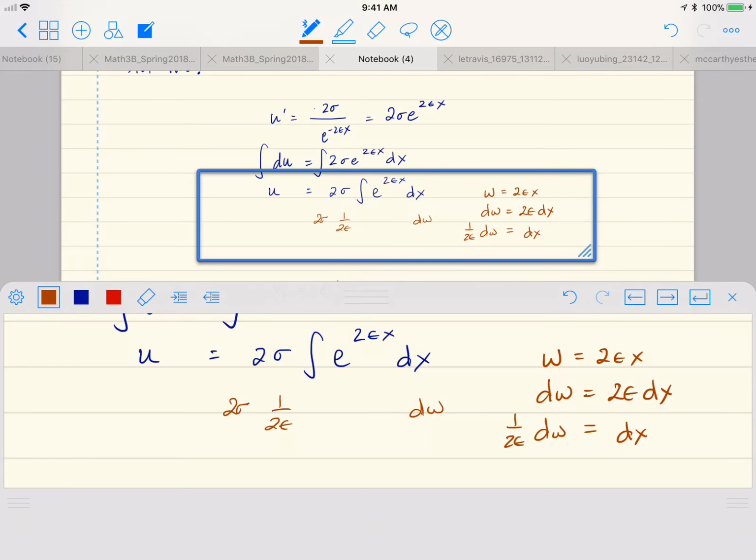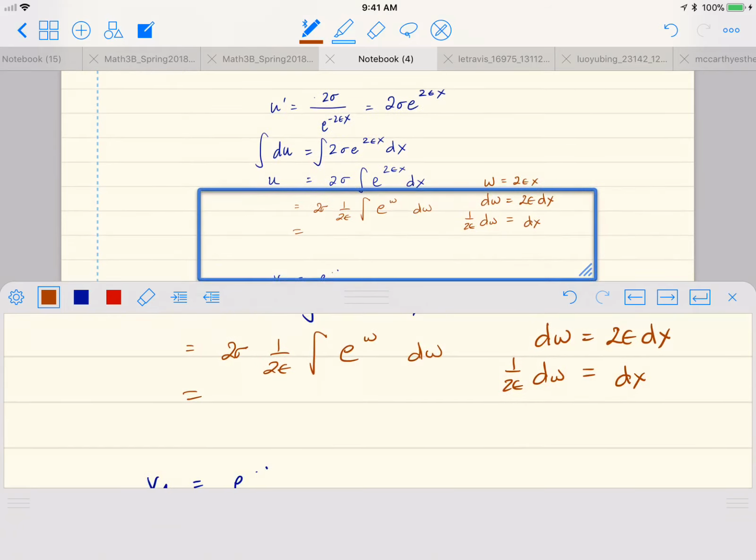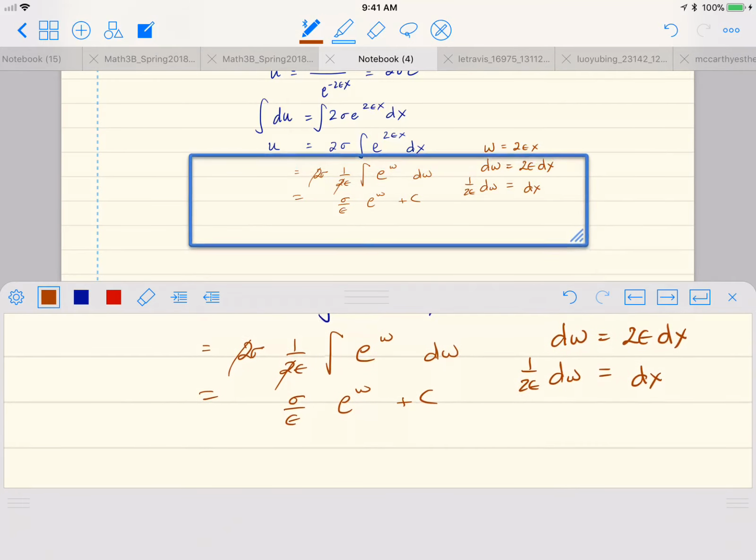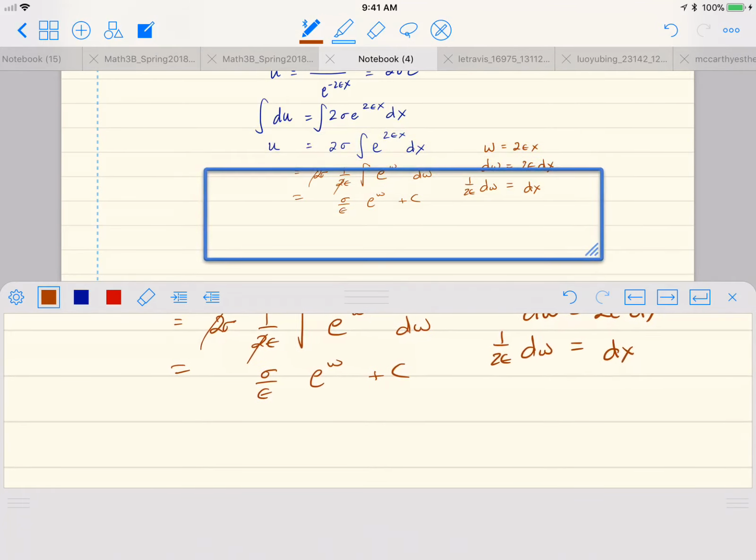The 2 sigma we can bring down. We've got the integral of e to the w. And we know the integral of e to the w is just e to the w plus a constant. The 2's will cancel out and we'll have sigma over epsilon times e to the w plus c.